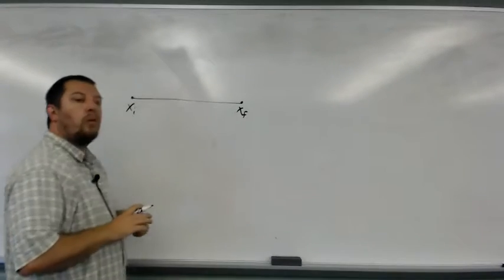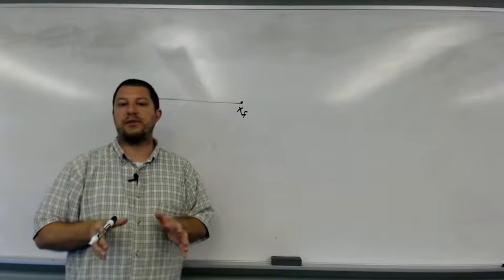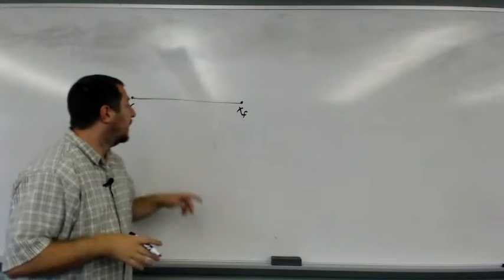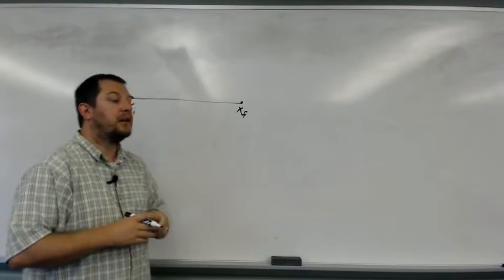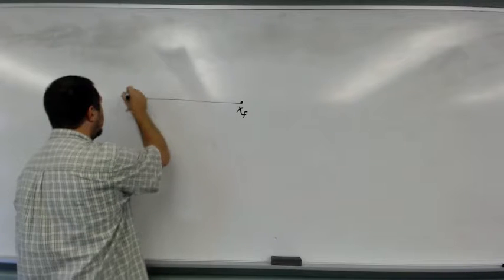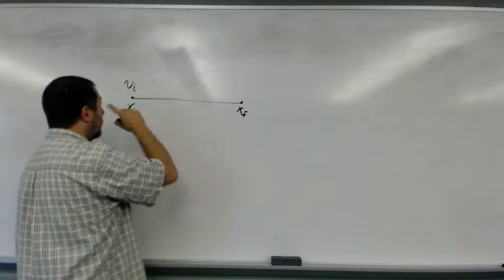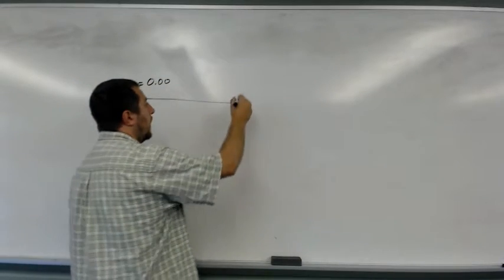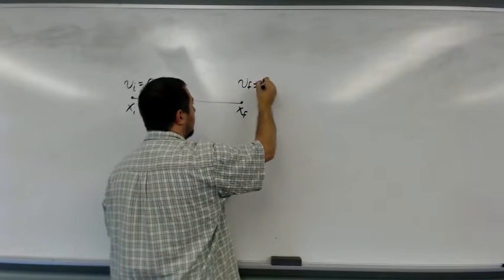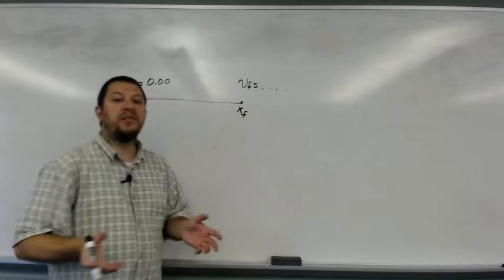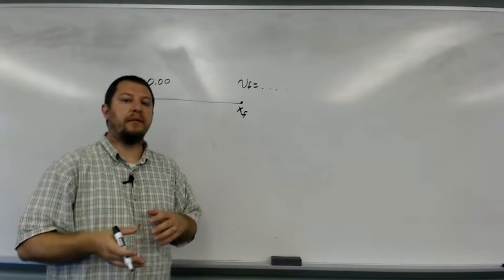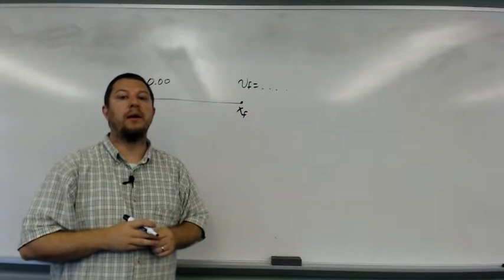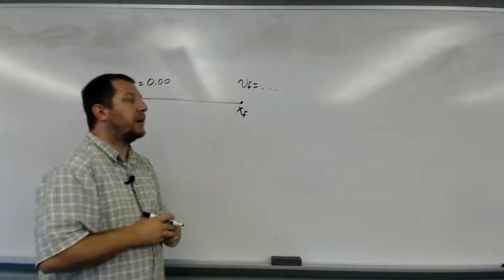And when you're on a drag strip, if you're in a car on a drag strip, there's always one fundamental assumption, and that is your car starts from rest. So our velocity at the start line should be 0. And our final velocity would be something much larger than 0, right? In a really good car, you would probably be going over 100 miles an hour by the time you cross the finish line in a quarter mile.